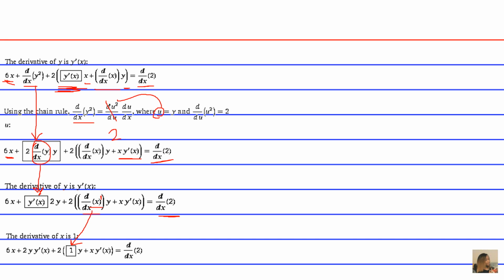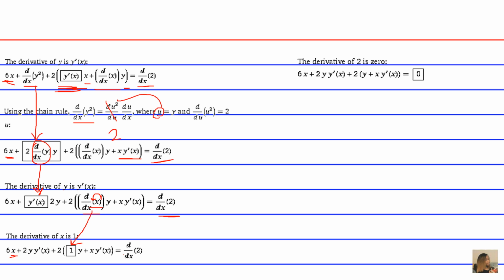So you're going to bring that down, and x to the 0 is just going to be 1. So 1 times 1 is 1. And we get that 6x plus 2y y prime x is equivalent to 2 times 1 times y plus x times y prime of x is equivalent to d/dx of 2. The derivative of 2 is going to be 0, so we just plug that in.